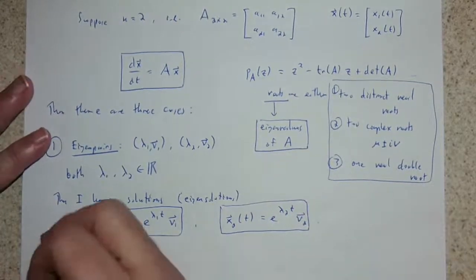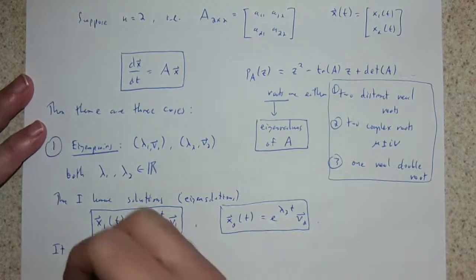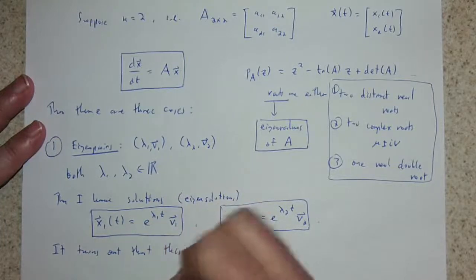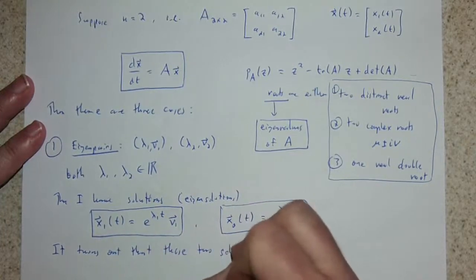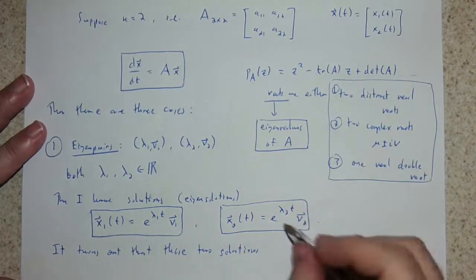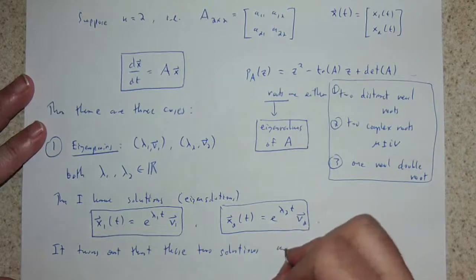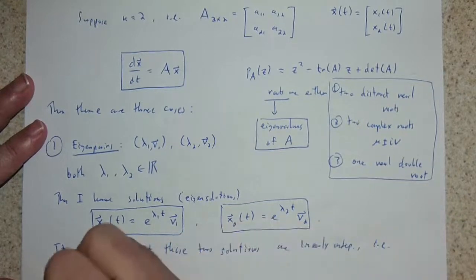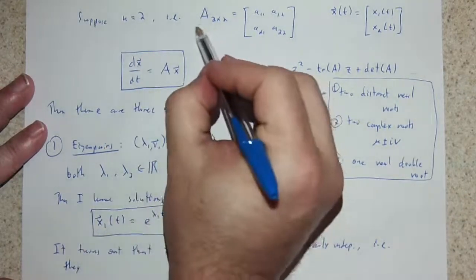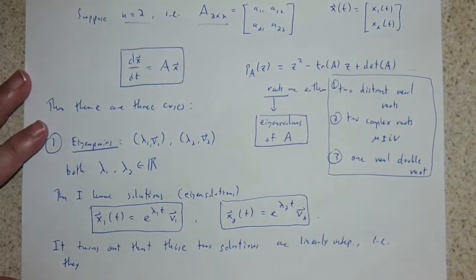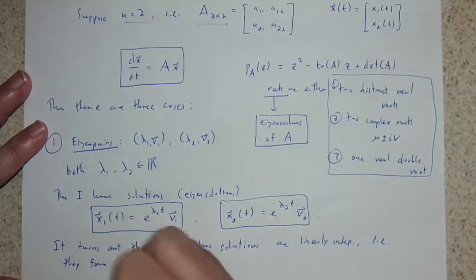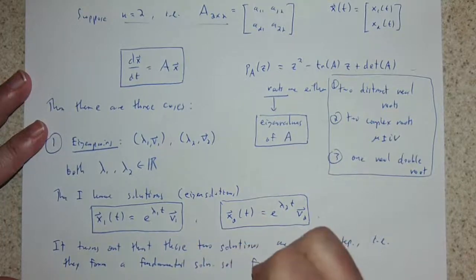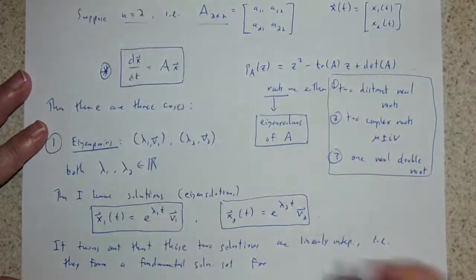It turns out, you could check this if you want, I'm not going to check it, that these two solutions are linearly independent, i.e. they form, there's two of them, A is a 2 by 2 here, this is the n equals 2 case, a fundamental solution set for this problem that I'm going to continue referring to as star or asterisk.